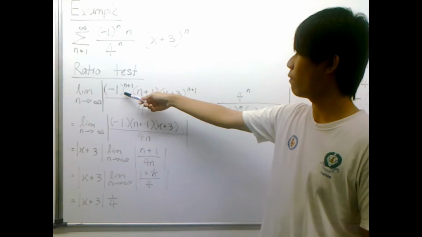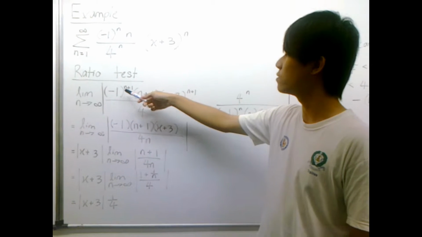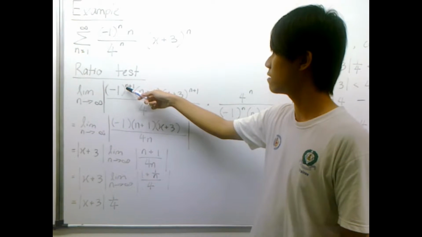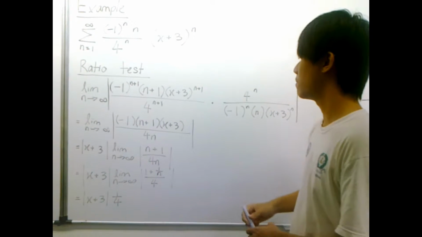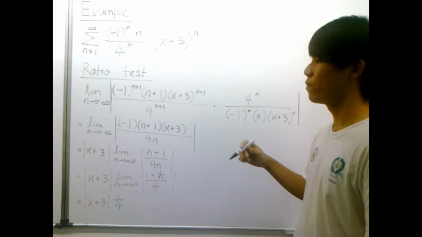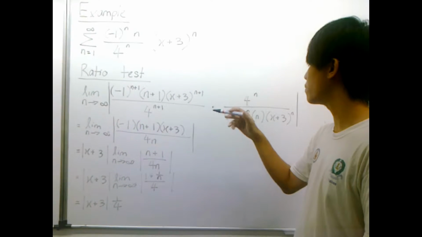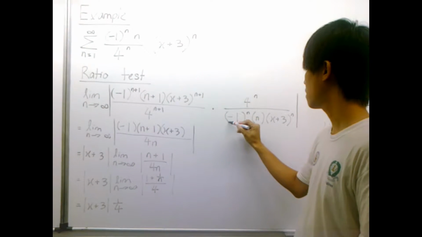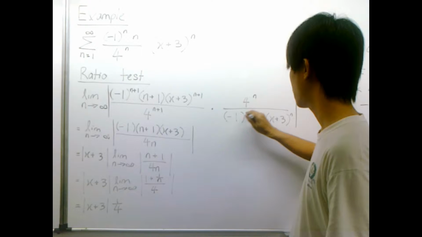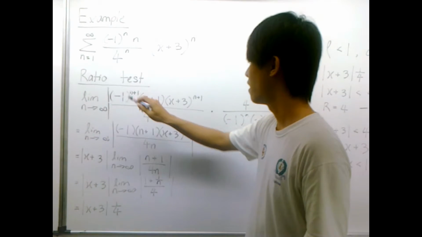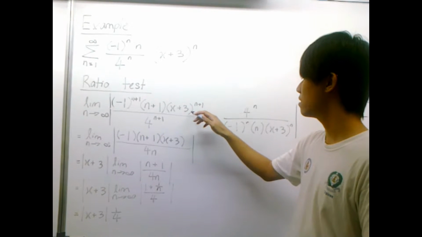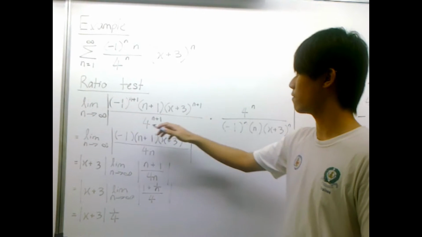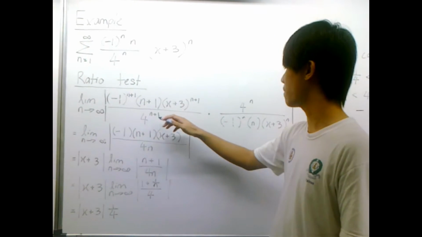And negative 1 to the power of n plus 1 is actually negative 1 to the power of n times negative 1 to the power of 1. Therefore, we can remove the negative 1 to the power of n. And the same goes for x plus 3 to the power of n plus 1 and 4 to the power of n plus 1.